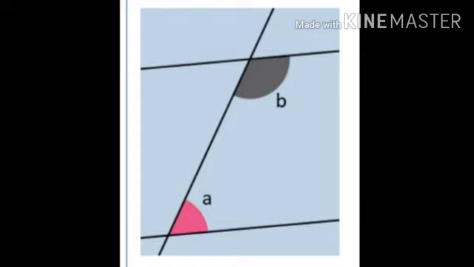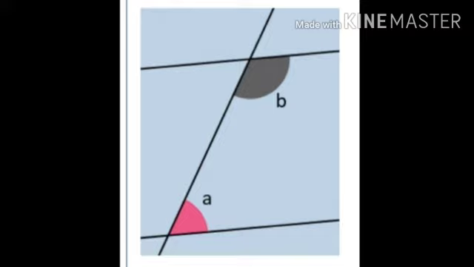That is, the sum of measures of interior angles is 180 degrees. That is, measure of angle A plus measure of angle B is equal to 180 degrees.